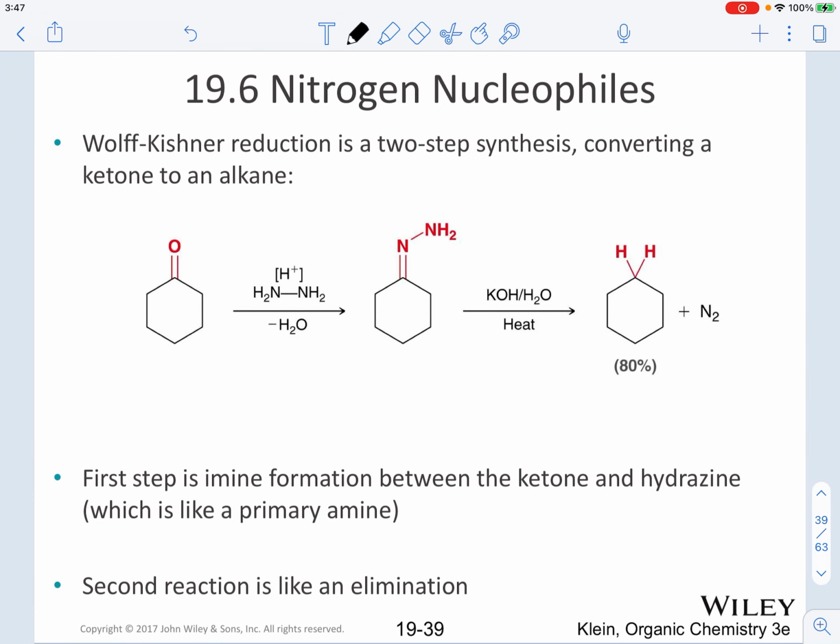Now, understand that there are reactions that have specific need for some of these nitrogen nucleophiles. And now I would like to introduce the Wolff-Kishner reduction. In the Wolff-Kishner reduction, understand that this is a two-step synthesis that is going to convert specifically a ketone to an alkane.